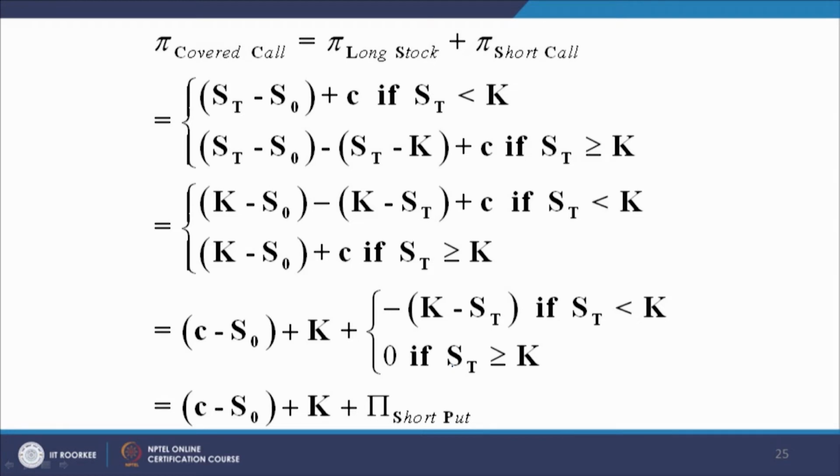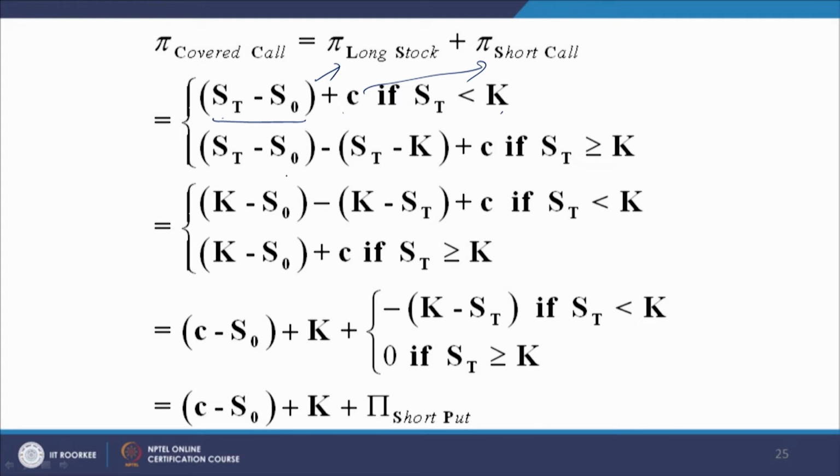If ST is less than K, the profit is equal to ST minus S0 plus C, and this ST minus S0 is arising from the long stock and the C is arising from the short call. Because ST is less than K, this option is not going to be exercised and the premium is to your account.